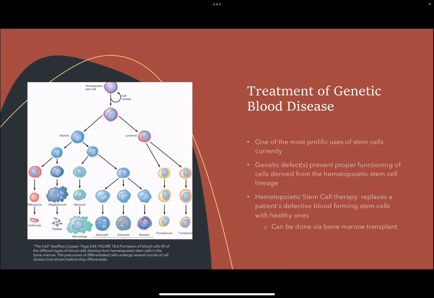Hematopoietic stem cell therapy replaces the patient's defective blood-forming stem cells with healthy stem cells, and this can be done via bone marrow transplant. And the figure on the left, again, is just showing you how stem cells can differentiate into multiple kinds of cells. The figure on the left is especially showing the types of blood cells that stem cells will differentiate into.